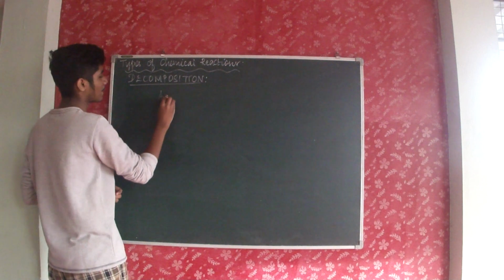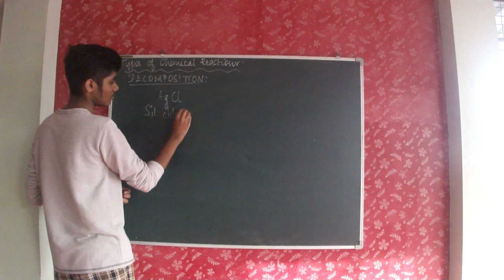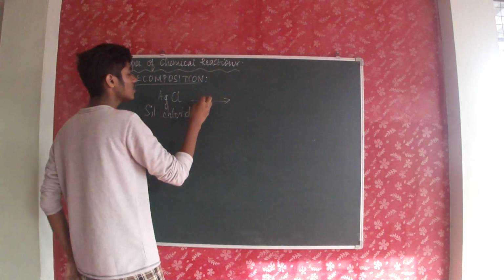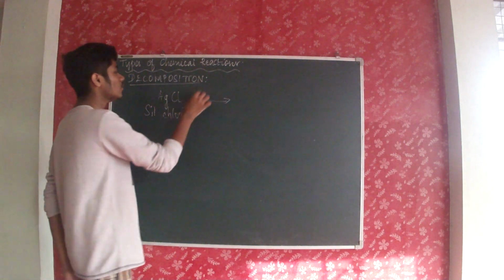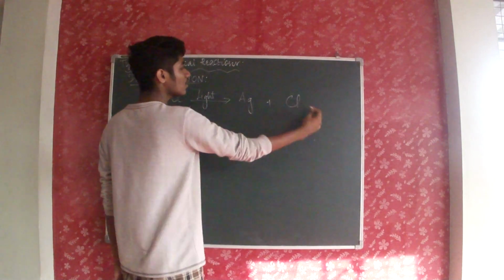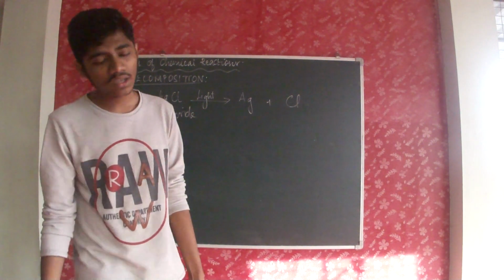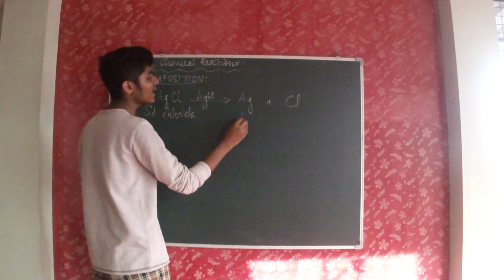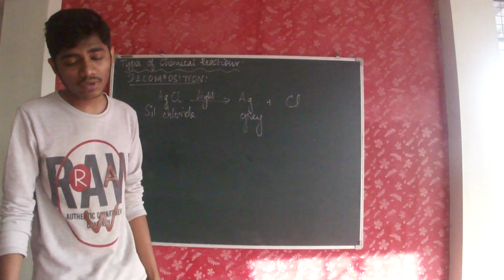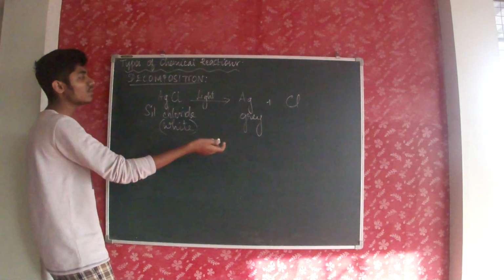That is AgCl, silver chloride. When you are not heating it, you are just exposing it to light, you will get silver plus chlorine. It gets decomposed and the color changes. Actually, it is white in color, and when you expose it to light it turns grey.